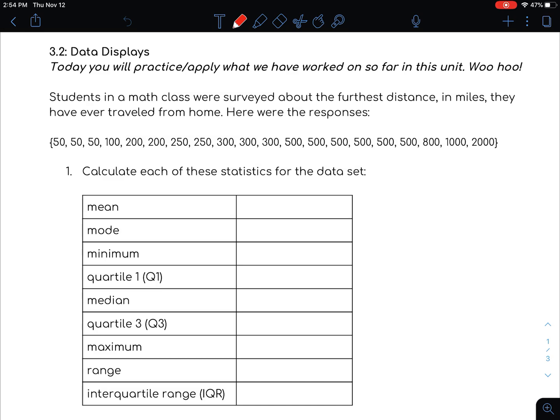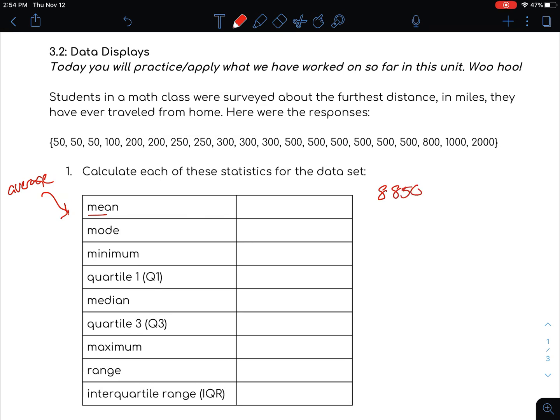So the first thing that we did in the unit was just a basic review of how to do mean and median and mode. So let's start off with the mean. So mean, remember, is the average. And we know that the mean or the average is found by adding up the numbers and dividing by how many there are. So 50 plus 50 plus 50 plus 100 and so on and so forth.